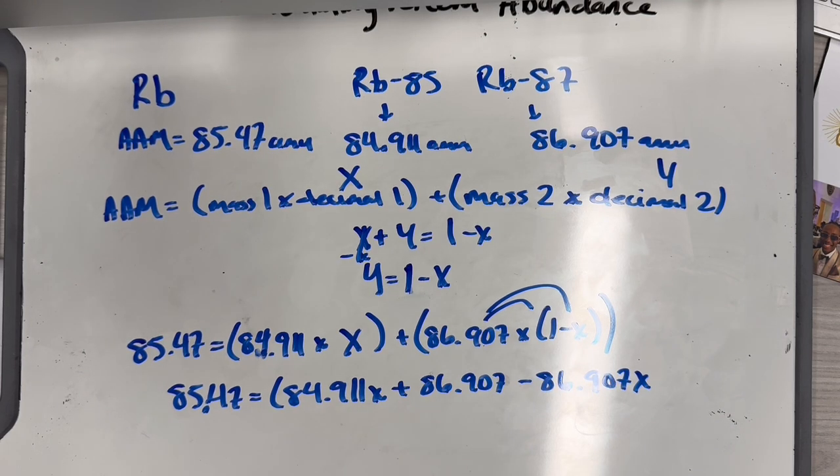And then all I have to do now is combine like terms. So I'm going to combine these two things, and I'm going to combine those two things. To combine those, I have to move this thing over, so I have to subtract both sides by this.